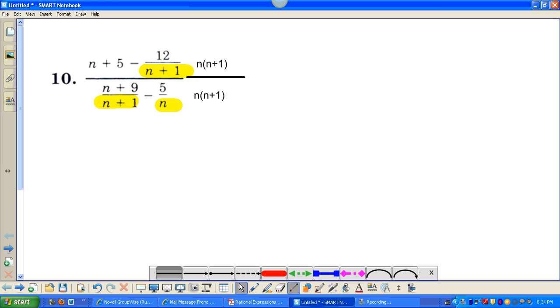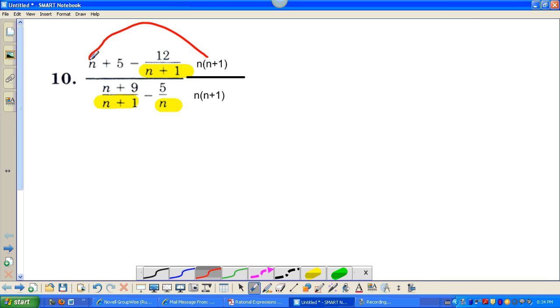But then you're going to have to distribute it to the n, to the 5, and to the 12 times n plus 1. So when I do that distribution, there's absolutely nothing that's going to cancel out. There's going to be no common factors when you multiply it by the n or by the 5.